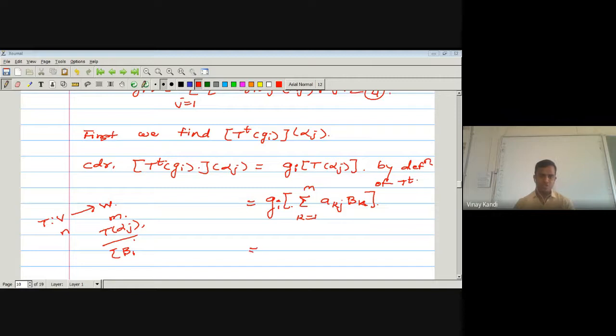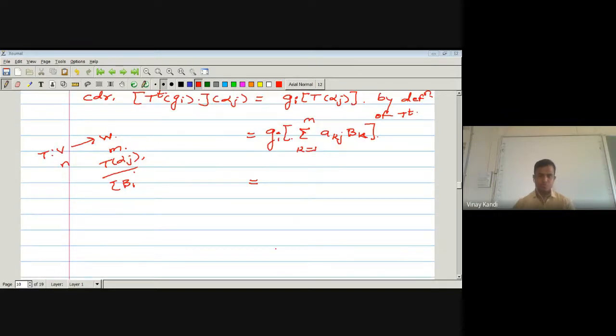Now this is Gi, which is equal to, Gi is a linear transformation, so we can write this as summation k running from 1 to m, Gi of Akj into beta k, since Gi is linear.